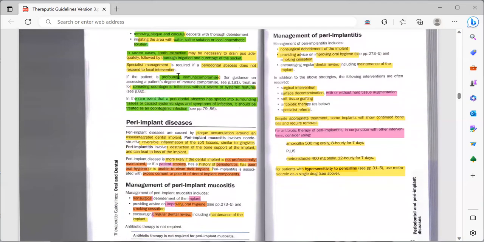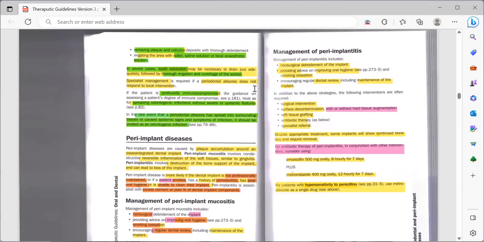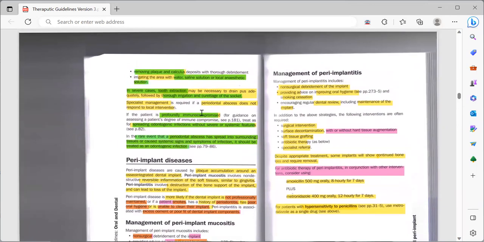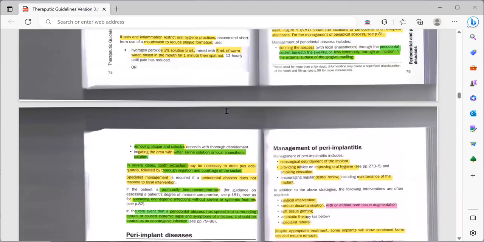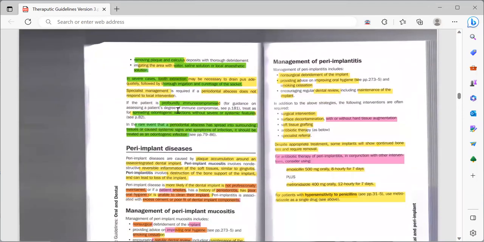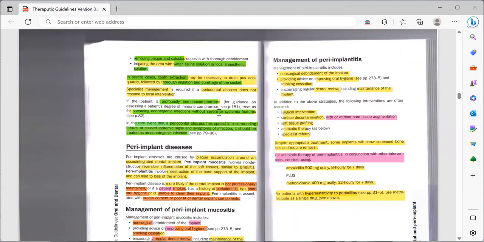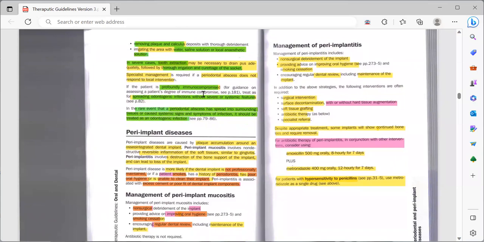If the patient is profoundly immunocompromised, treat as for spreading odontogenic infection without severe or systemic features. It means if the patient is profoundly immunocompromised, then you may need to prescribe him antibiotics. We will read about spreading odontogenic infection in the next chapter, then the things would be much clearer for you.